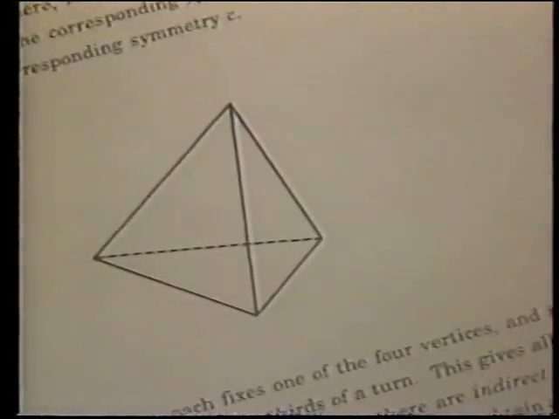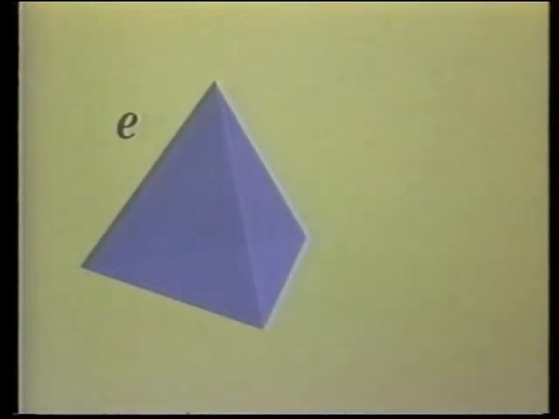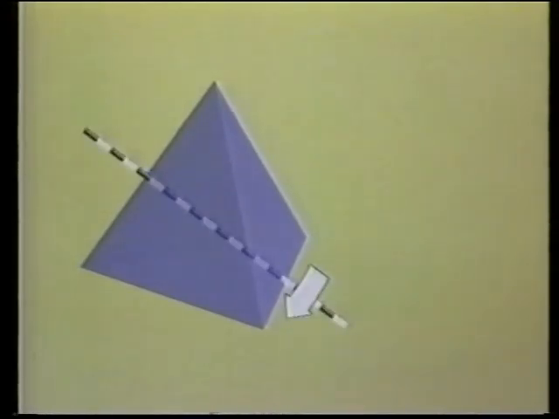Well, they're the symmetries of a tetrahedron, which you saw in an earlier program. First, there's the identity, E. Then there are three rotations about axes through midpoints of opposite sides. There's one axis here.